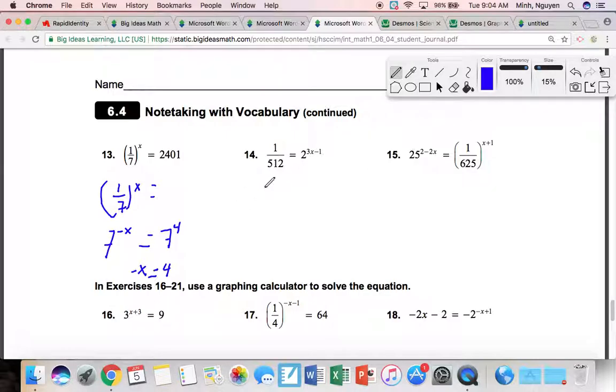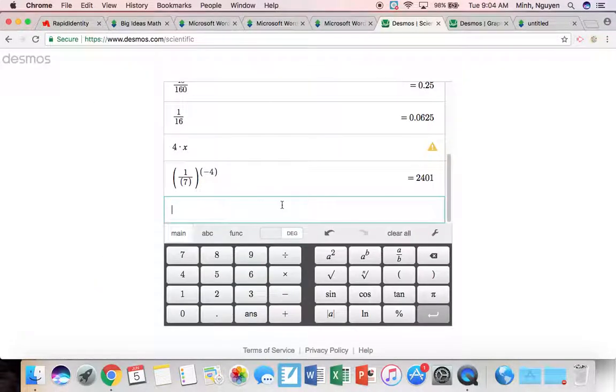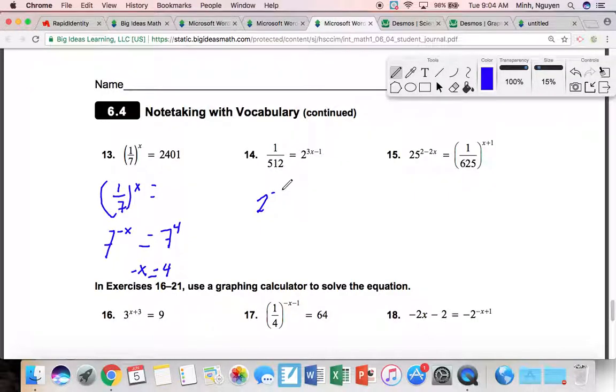Okay, geez, this is really rough. I don't know why they give you these hard problems. This is 2 to the negative, I believe, 8th? Or sorry, yeah, no. So 2 to the negative 9th equals 2 to the 3x minus 1.